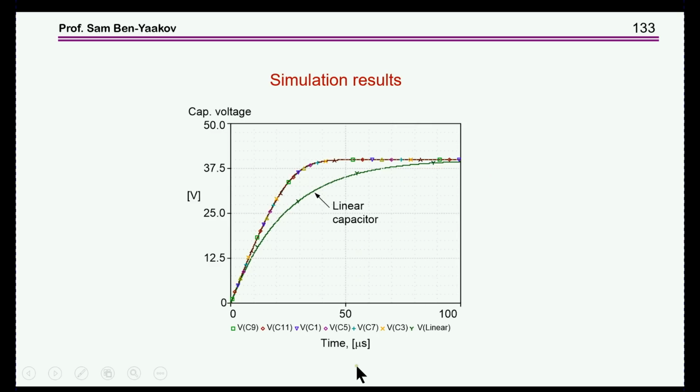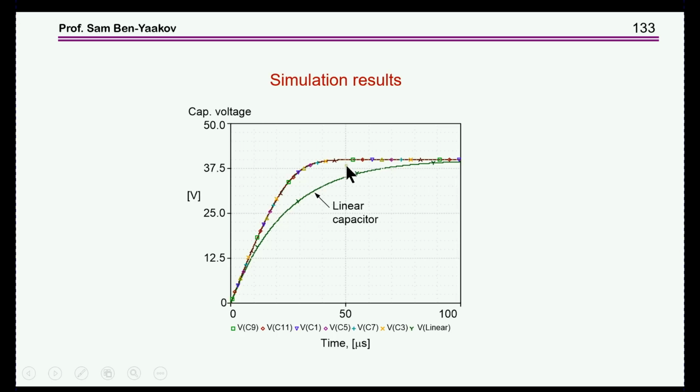And here I'm showing the difference in the response of a linear capacitor and a nonlinear capacitor. This is an RC circuit, R and C. The linear capacitor has, of course, an exponential rise.